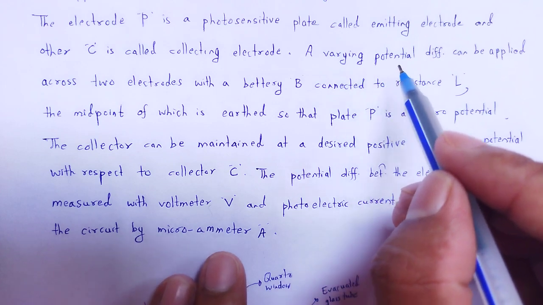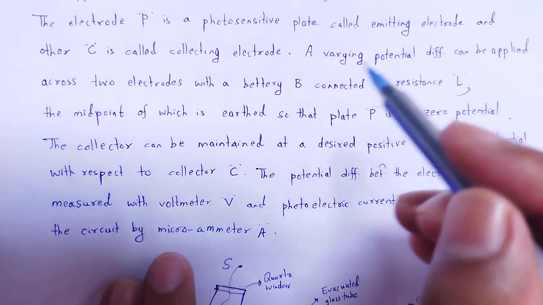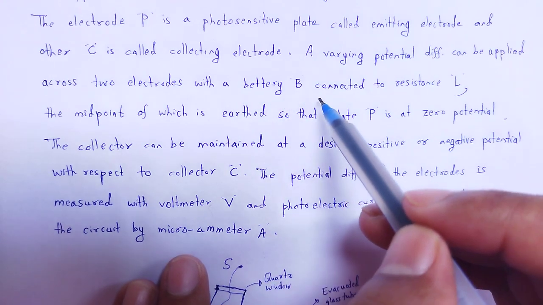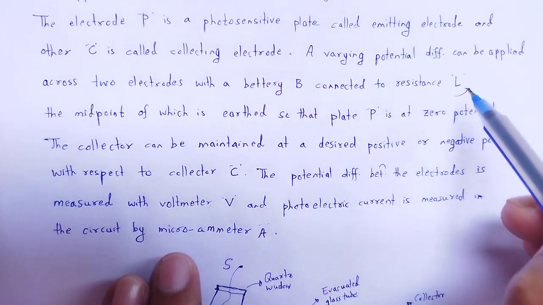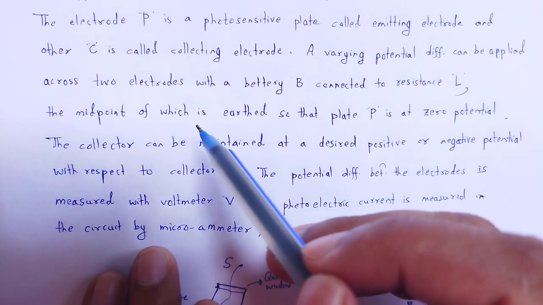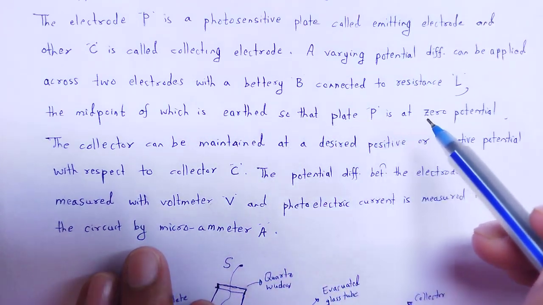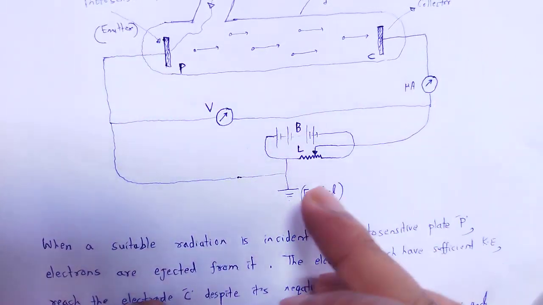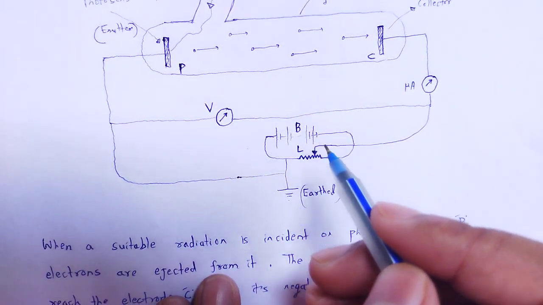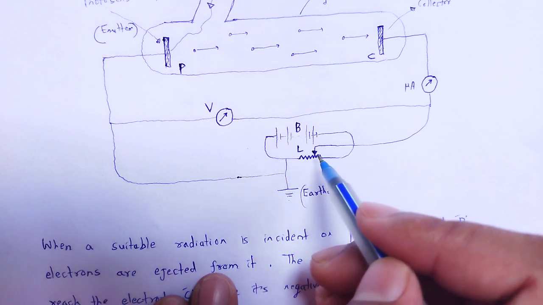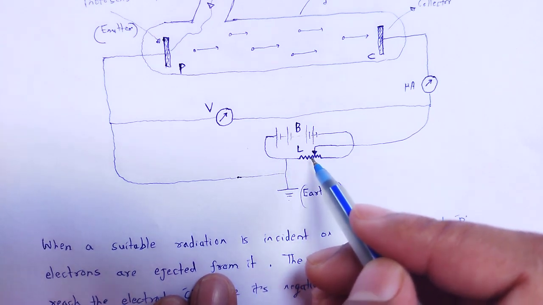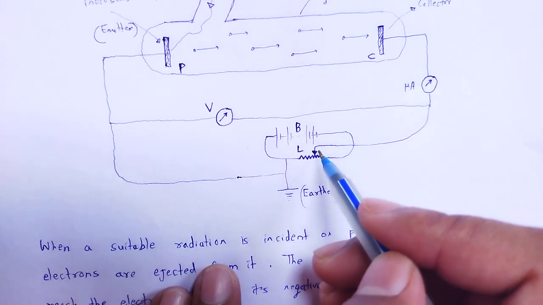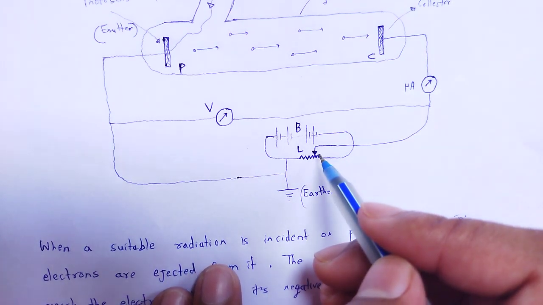A varying potential difference can be applied across the 2 electrodes with the help of a battery B, which is connected to the resistance L. The midpoint of which is charged, so that the plate P is at 0 potential. These two electrodes are connected to battery B through a resistance L, which we call a rheostat, meaning a varying resistance.